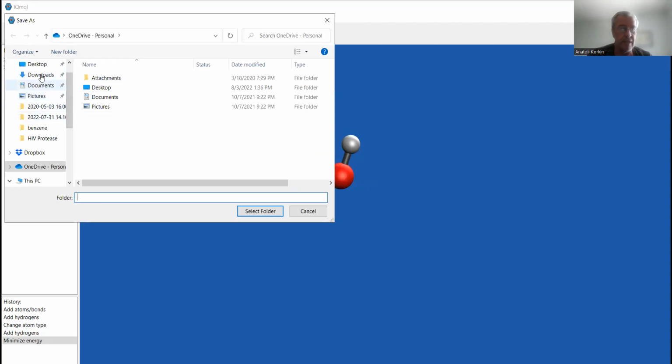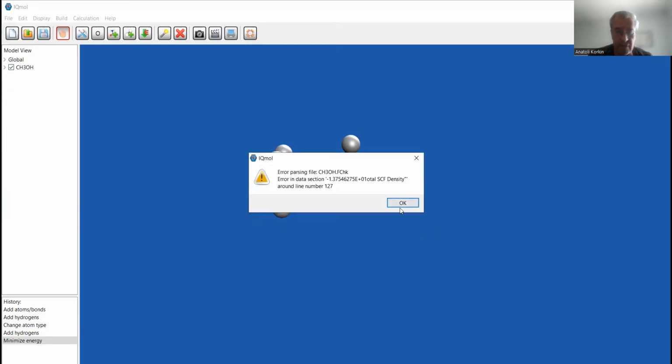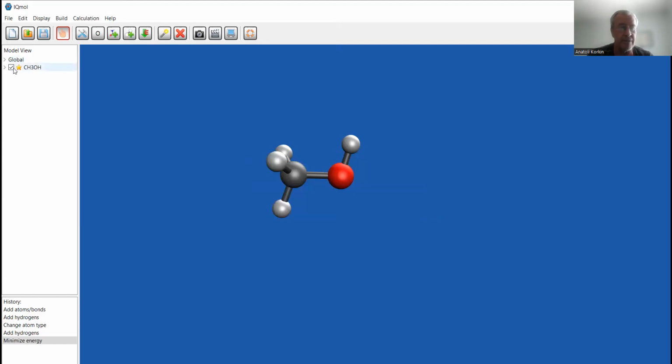Now I have to select the folder where I want to save the result. So there would be CH3OH. I select the folder, and okay, there is some error. Hopefully it doesn't impact our result.